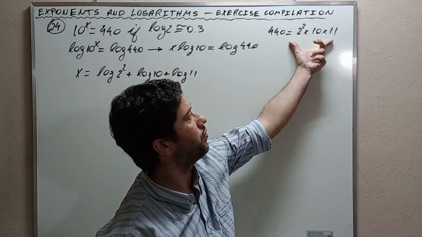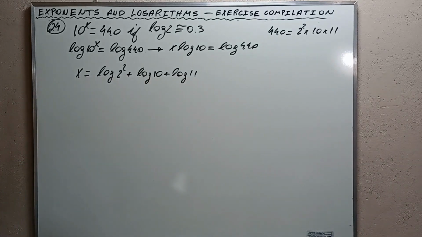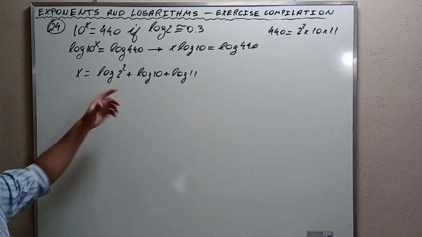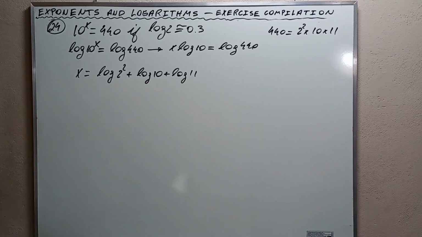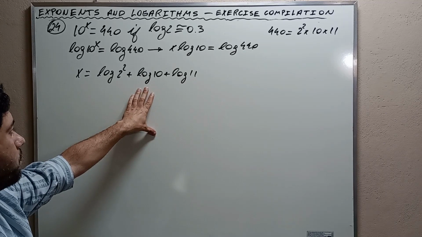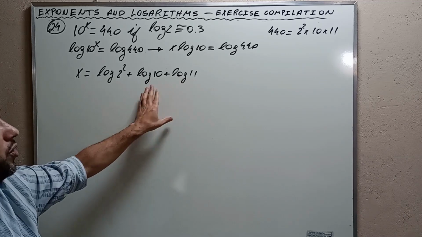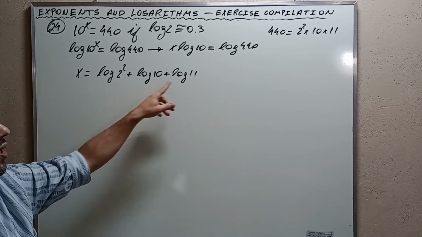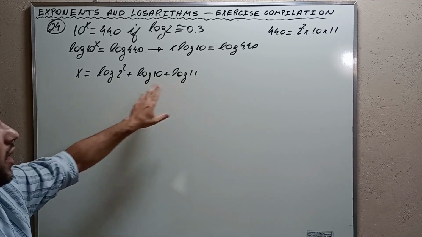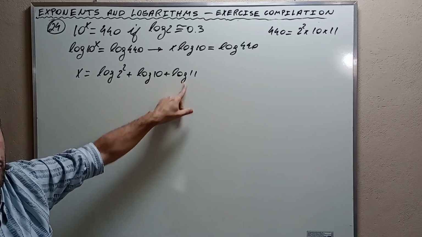Because the logarithm of this is equal to this. If we apply the rule of addition, where the rule of product results in this addition here. The logarithm of 10, we know that is equal to 1. We are going to approximate the logarithm of 11 to the logarithm of 10. This is equal to 1, it is approximately equal to 1.